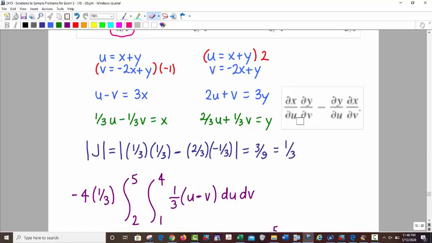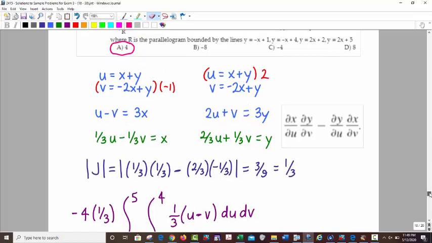The partial of y with respect to v right here will be 1/3 minus y with respect to u will be 2/3. And then x with respect to v will be -1/3. Don't forget the minus. So you essentially end up with 1/9 plus 2/9, because you have negative and a negative, is 3/9. The absolute value is still positive, of course, and that reduces to 1/3. So the absolute value of my Jacobian is 1/3.